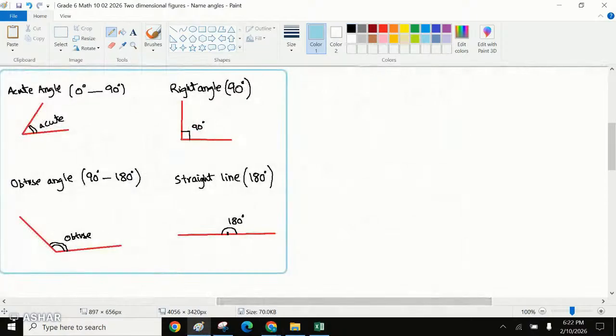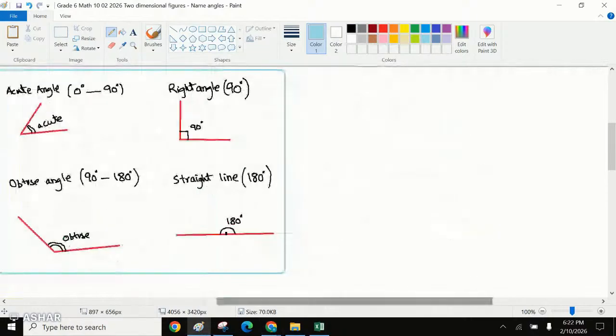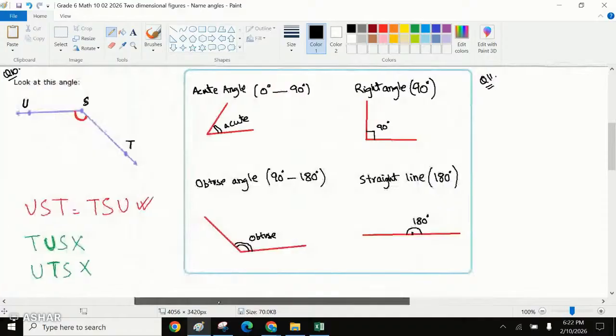Okay, we would be doing question number 11. Let's make a question number 11 and let's say find the missing angle.